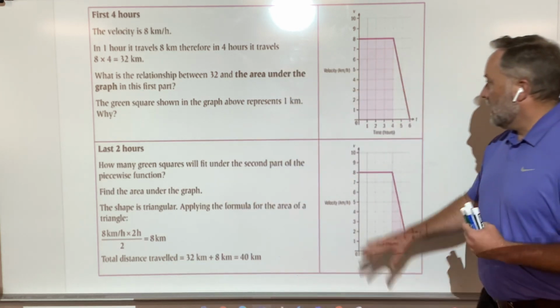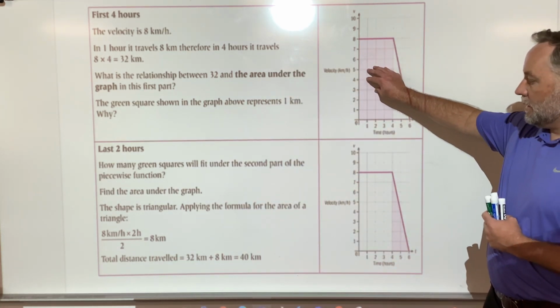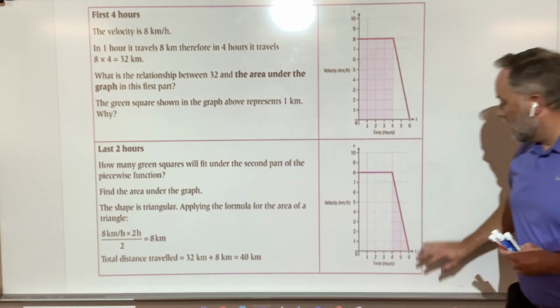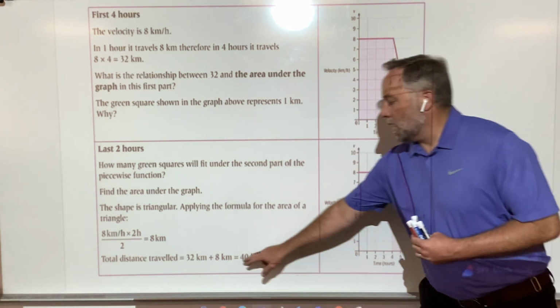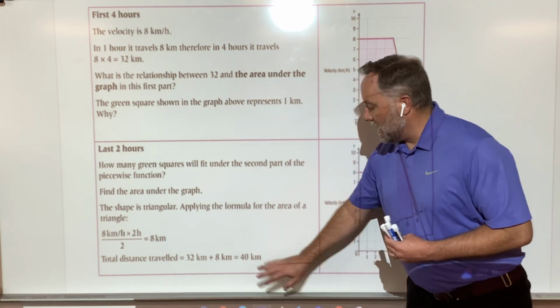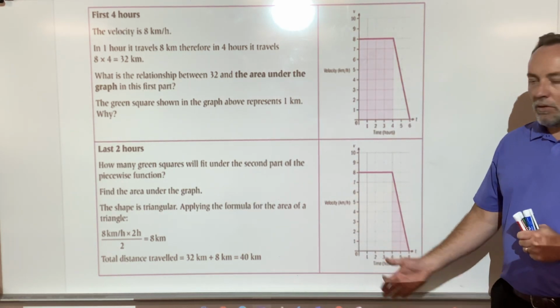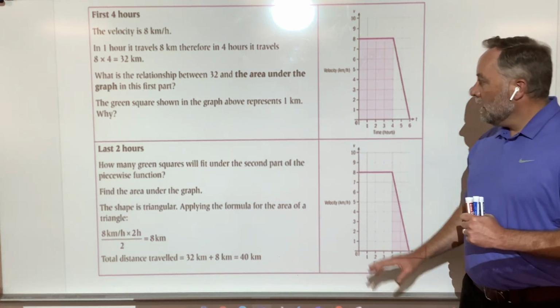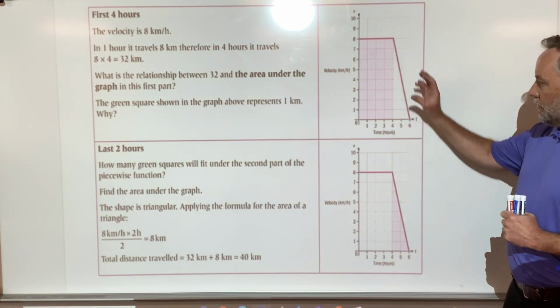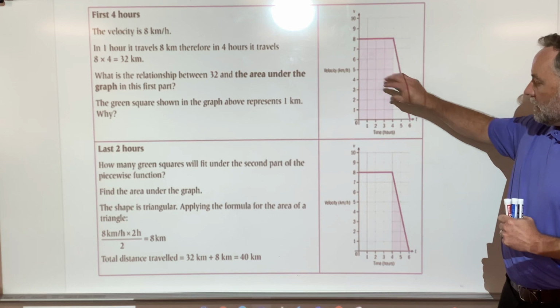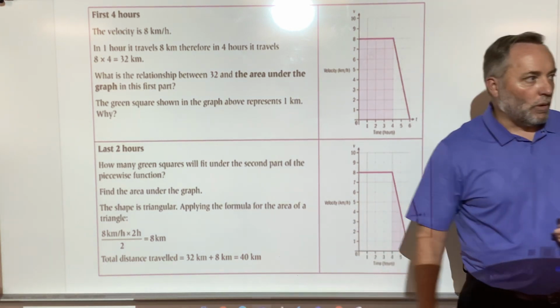All right? So the area of the rectangle is 32 here. The area of this triangle portion is 8. And 32 plus 8 gives us 40. In this case, the units are kilometers, and that's our total distance. Okay, so the area under that curve, 2 geometrical shapes we know, a rectangle and a triangle, would be 40.